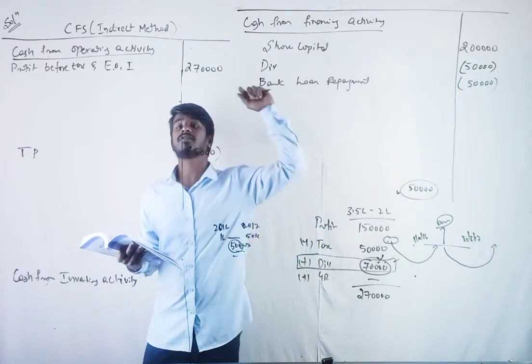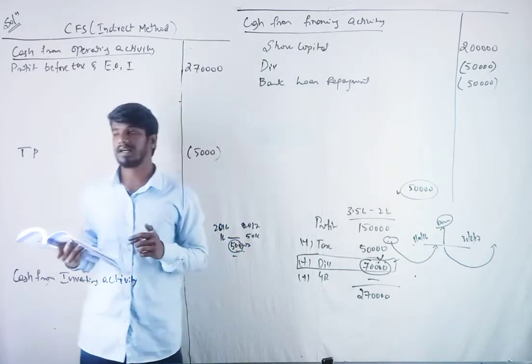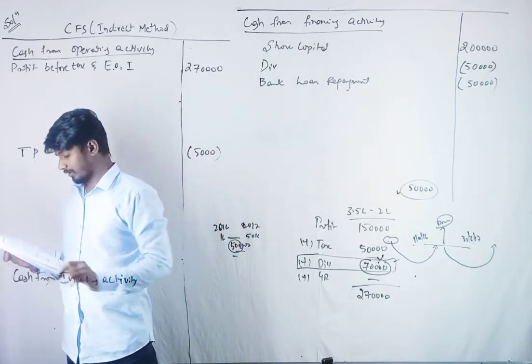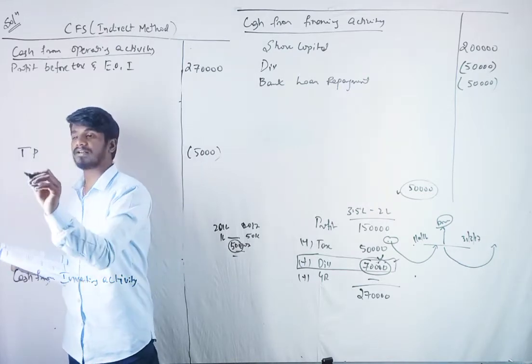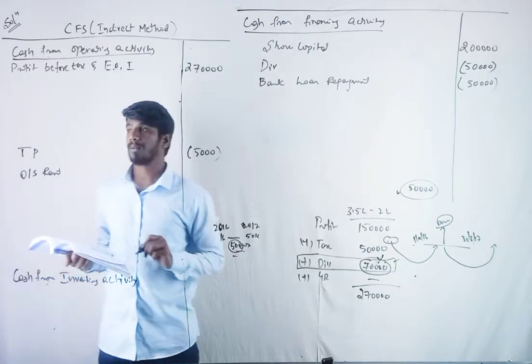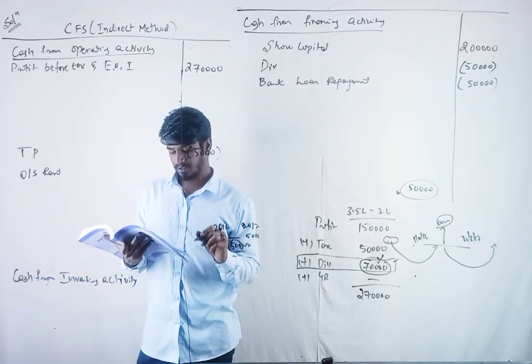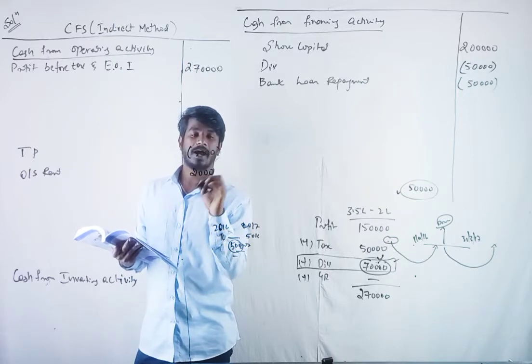We might have reduced it in the P&L account, so we should add it back. Is that correct? Yes. Outstanding rent, how much is it? 2,000 we will add.